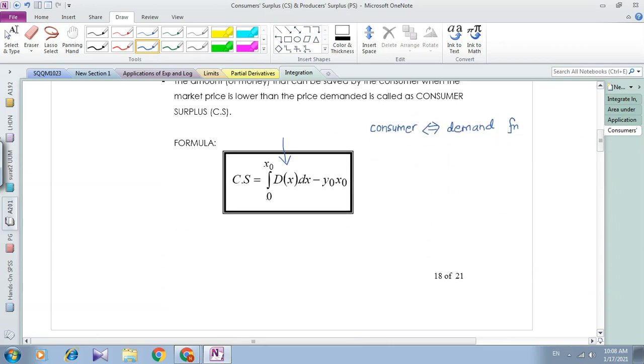So the lower limit is always 0. You are just required to find what is x naught. And then the formula goes on, subtract y naught times x naught. Since the operation here is multiplication, it doesn't really matter if you write x naught times y naught, because it's multiplication, right?